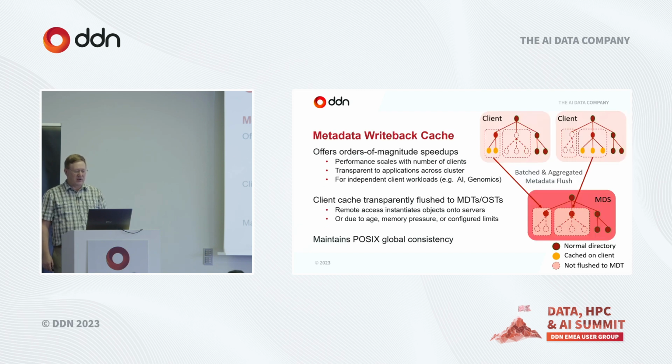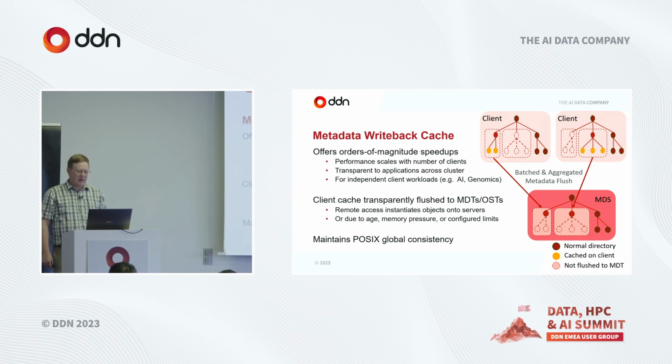So some of the newer features, beyond EXA63, these will be coming in EXA7. So metadata write-back cache, this is actually an internal client feature inside the Lustre client that is allowing metadata operations like file creates, directory creates, and things like that to happen only in memory on the client without doing any network transfers to the metadata server.